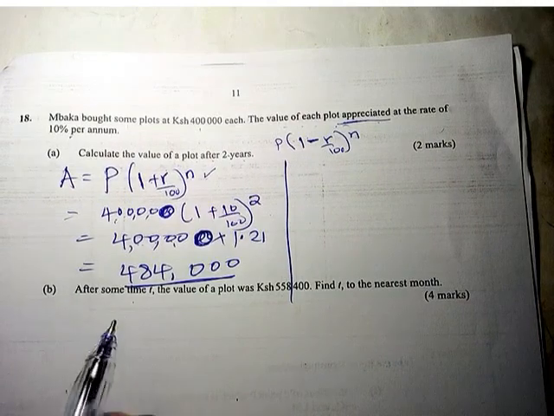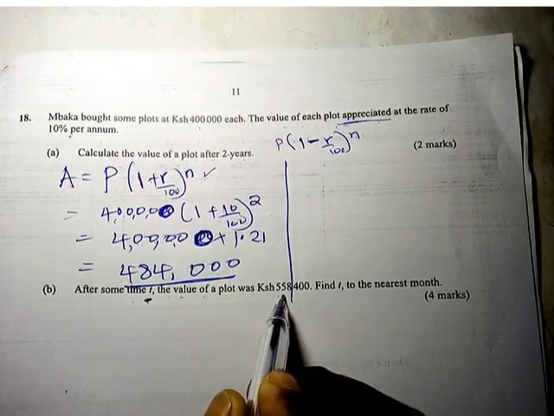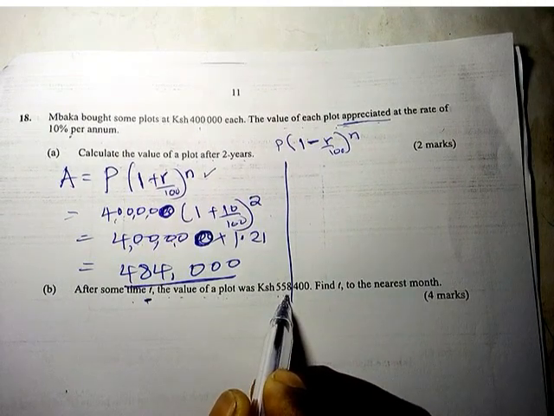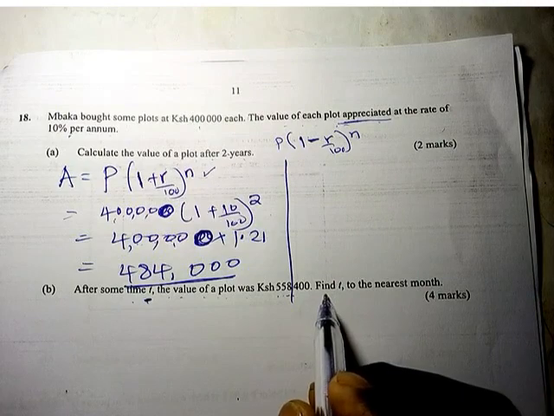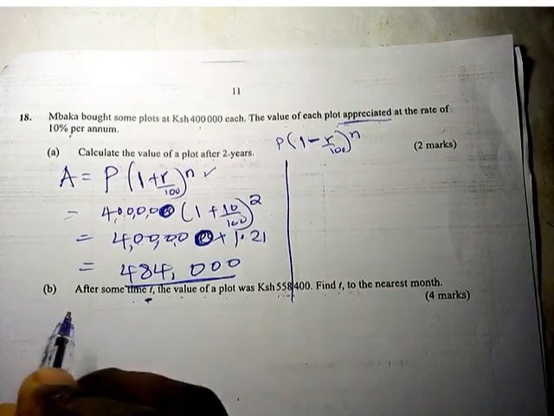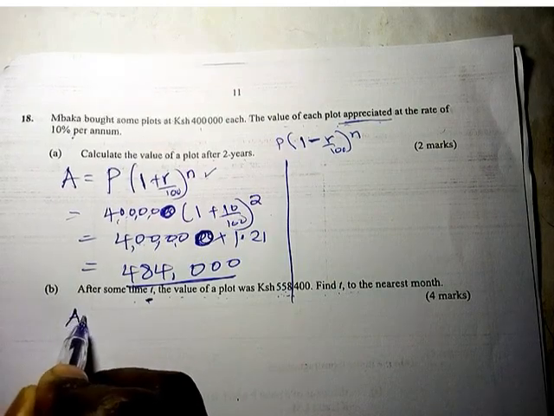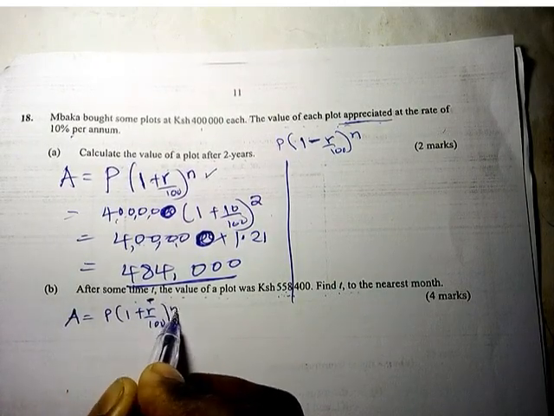After some time, T, the value of the plot was 400,000. Find T to the nearest month. So we have been given the amount. Amount is equal to principal into 1 plus R over 100 raised to power n.